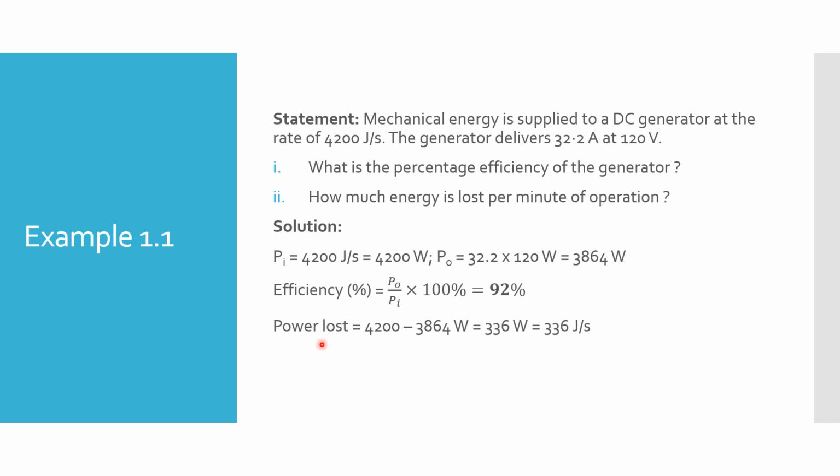So if you calculate how much power is lost, which is input power minus output power, 336 watts of power is lost, or 336 joules for each second are lost. So in 1 minute 336 into 60 joules will be lost, which is 20.16 kilojoules. So 20.16 kilojoules of energy will be lost per minute of operation of this particular generator.